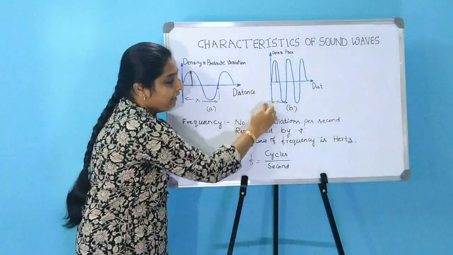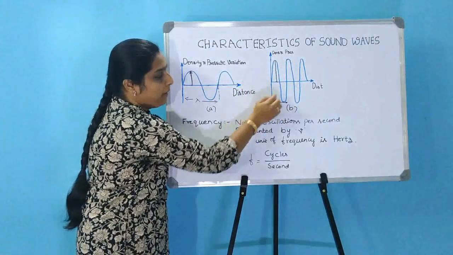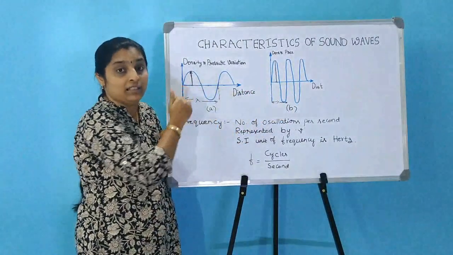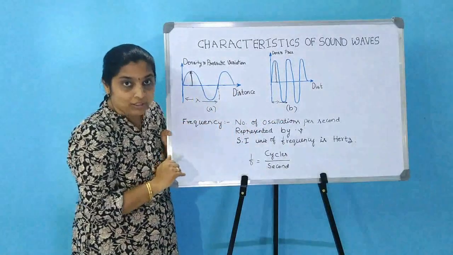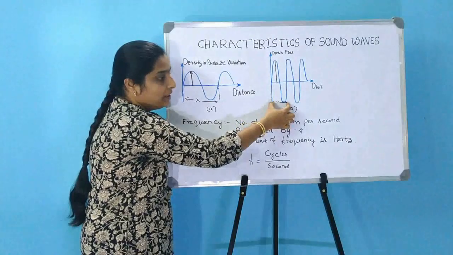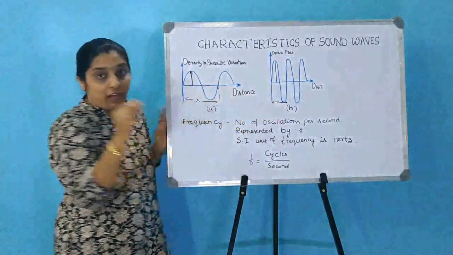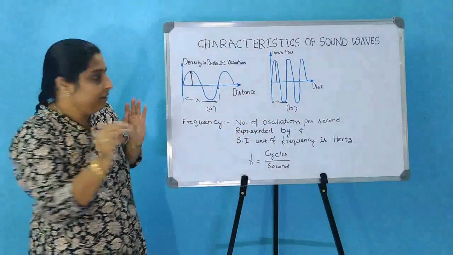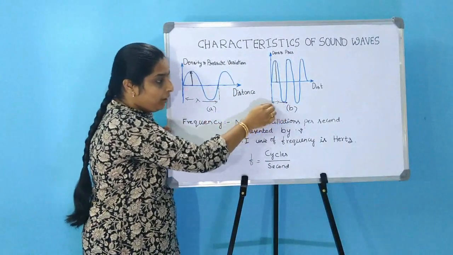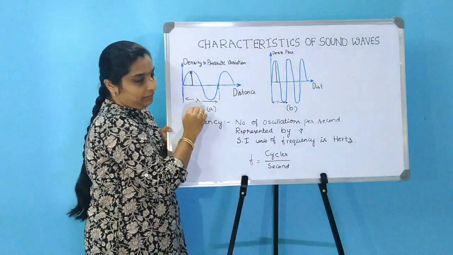Now, if I stand here and count the number of waves passing through this point in 1 second, will it be more than x or less than x? Of course, it will be more than x because here the wavelength is less. Because the waves are very small here, the number of waves passing through the given point will be more here compared to this.